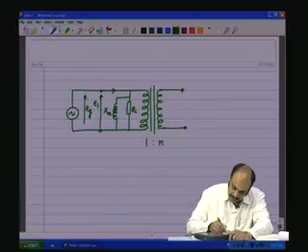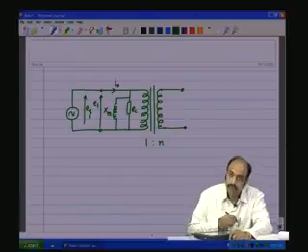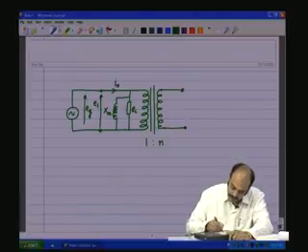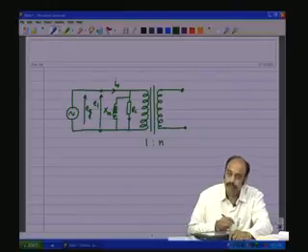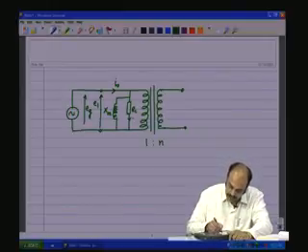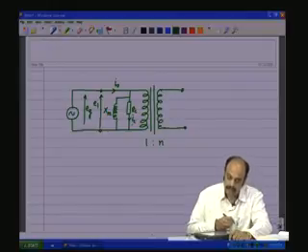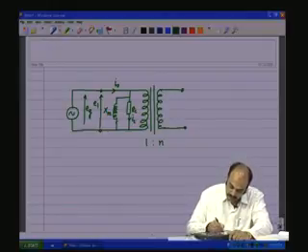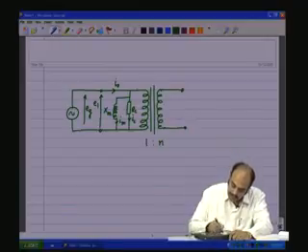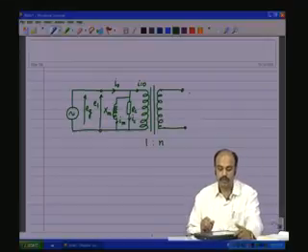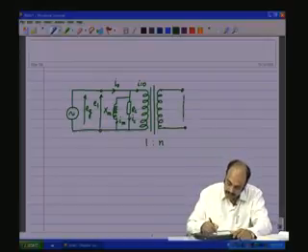There is a current I naught which is flowing, and through the core loss component there is a current IC flowing, and through the magnetizing inductance there is a current IM flowing, and through the ideal transformer I is equal to 0 if there is no load connected across the secondary, and what you have here is E2.